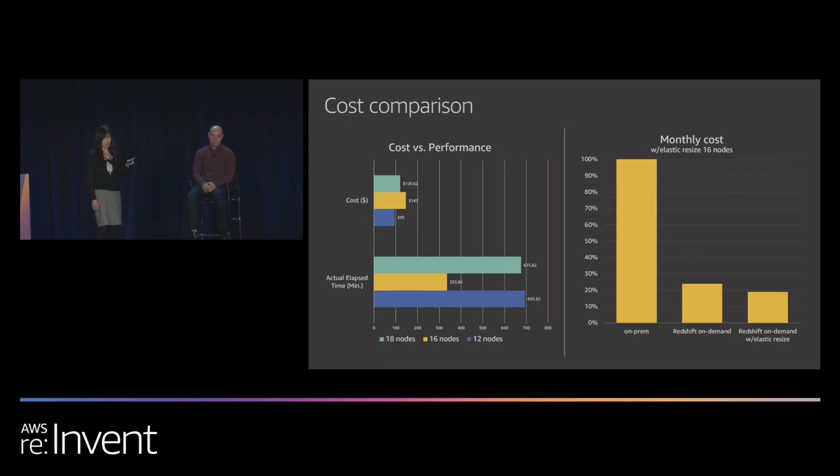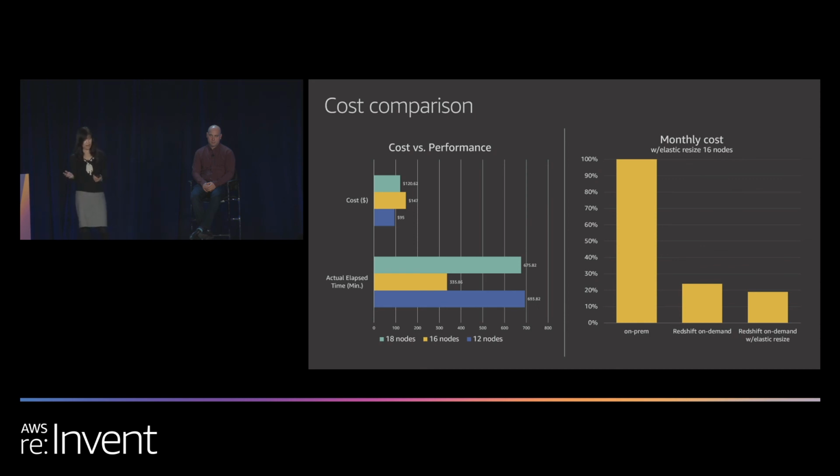As you can see, the 16 nodes cost the most out of the 3 configurations, about 10% more than the second most expensive configuration. But if you look at the performance, the 16 nodes give you twice as much performance compared to the other configurations.